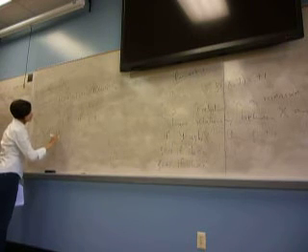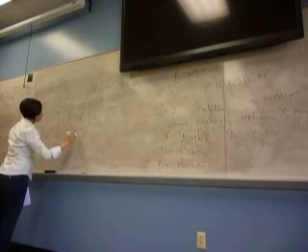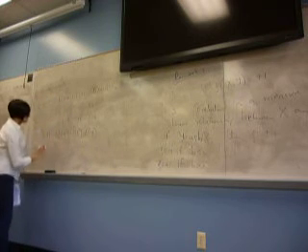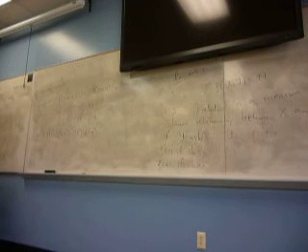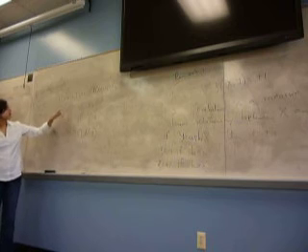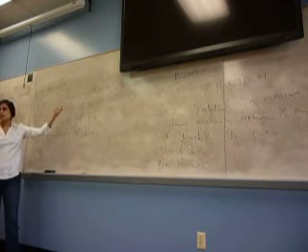So let's calculate the covariance of x and y. Expected value of xy: when x is not 0, y is 0, so xy will be 0.